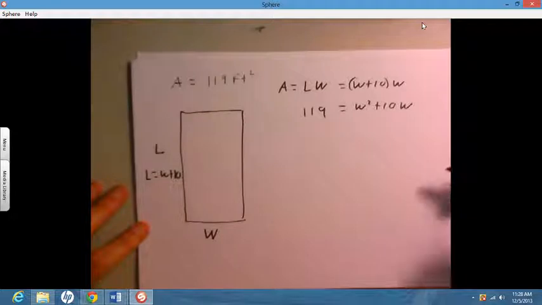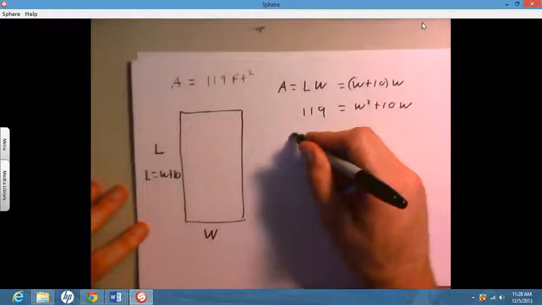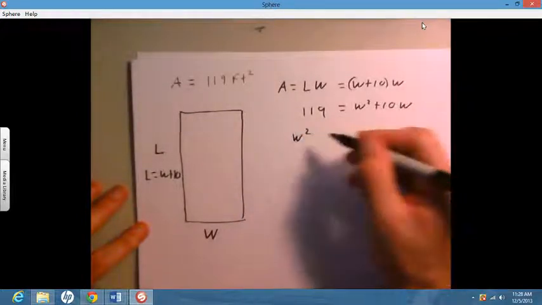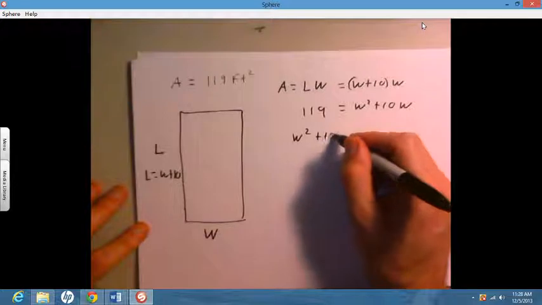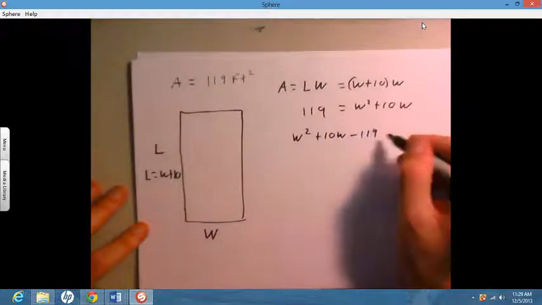Now it's almost in quadratic form. Remember, in quadratic form, we want 0 on the left-hand side of the equation. So I'm going to subtract 119 from each side, and that leaves me with the equation w squared plus 10w minus 119 is equal to 0.